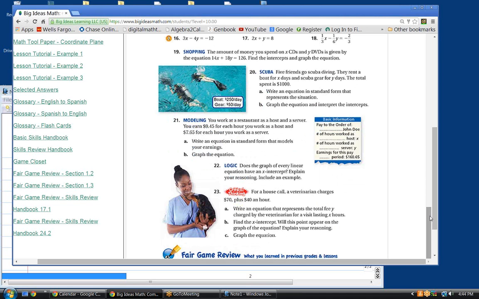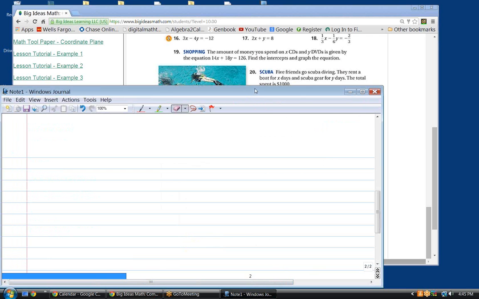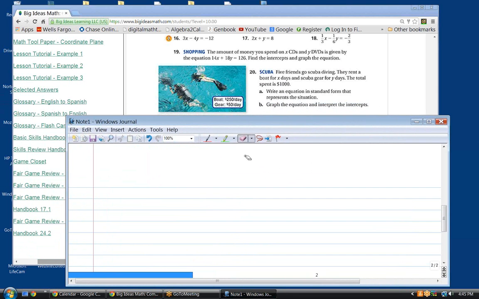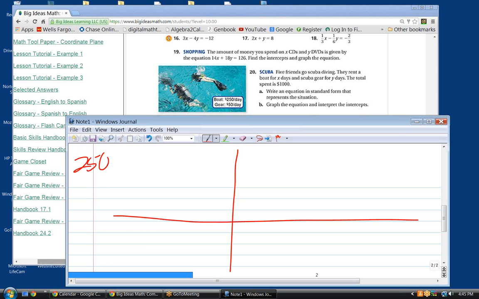To graph that, let's go ahead and graph that because they want us to interpret the graph. So what are my x and y intercepts? The equation was 250x plus 50y equals 1,000.